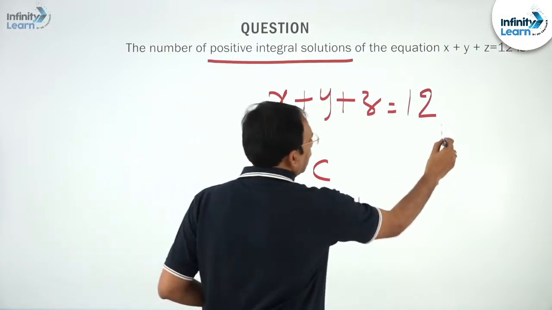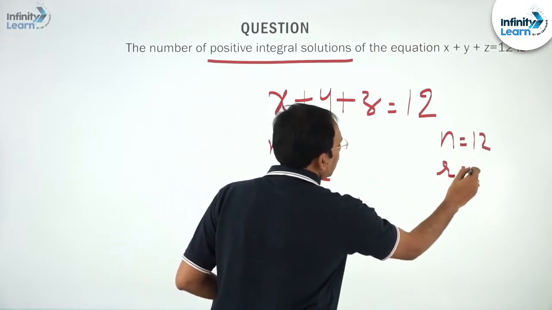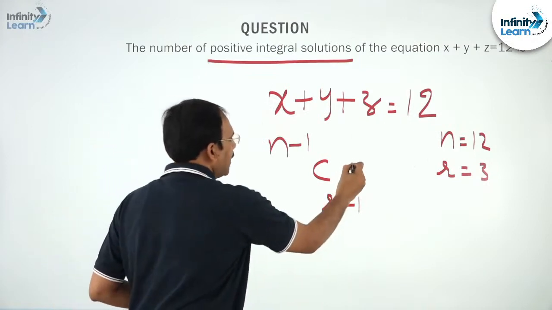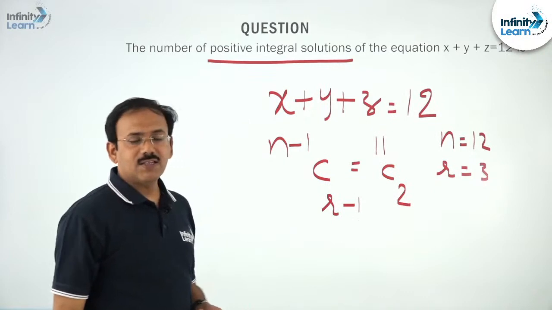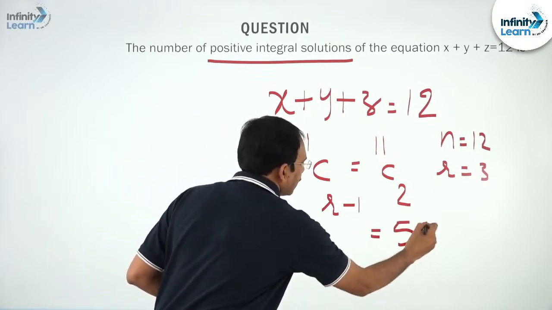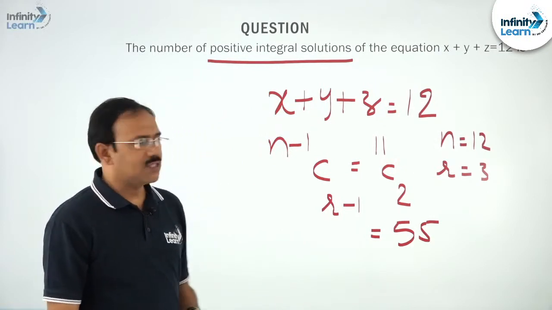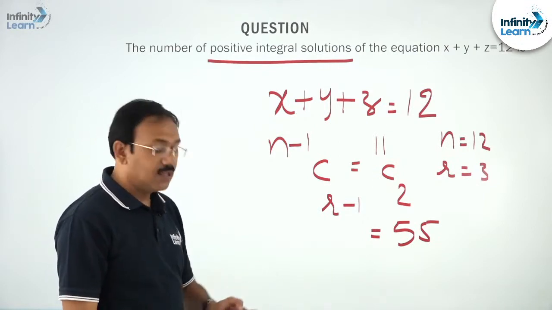Here n is going to be 12 and r is going to be 3, the number of variables or boxes. n minus 1 is 11, r minus 1 is 2, 11C2, which is going to be 55. Am I correct? Fine. So, 2 questions are very fundamental, we have done them easily, right.